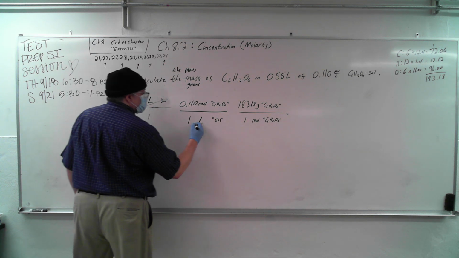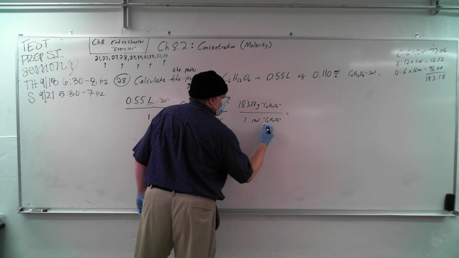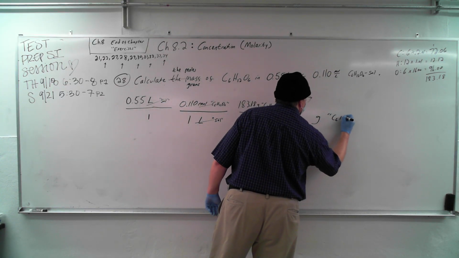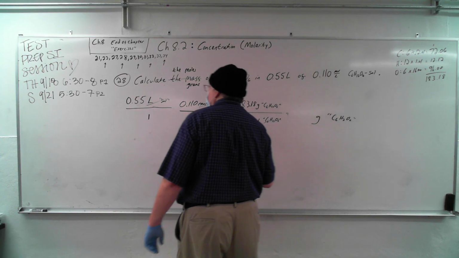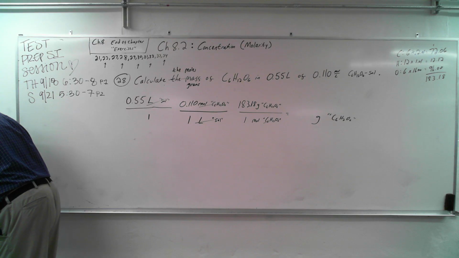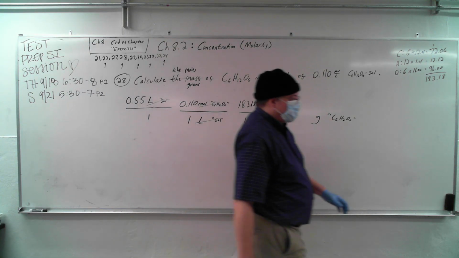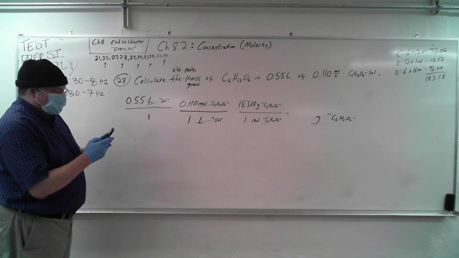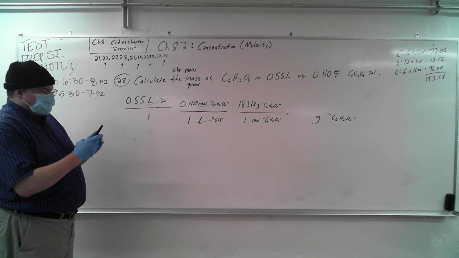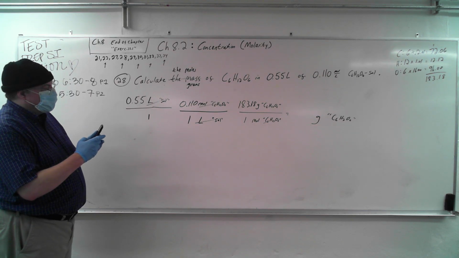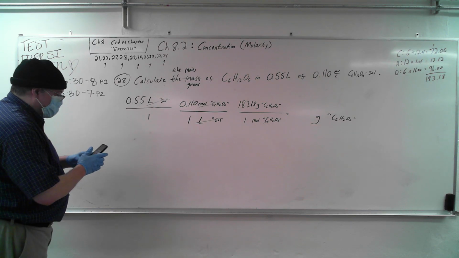Liters of solution cancel. Moles of C6H12O6 cancel, and we end in grams. So that's how you would solve 28. 0.55 times 0.110 times 180.18, and there's nothing to divide by.